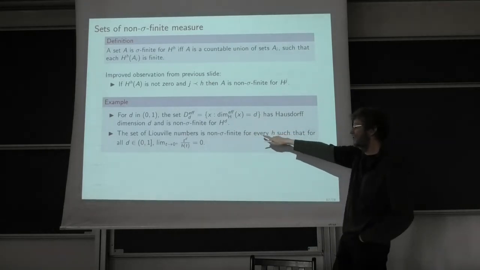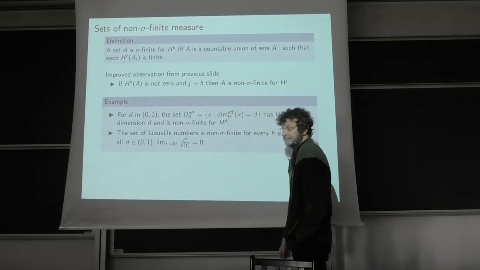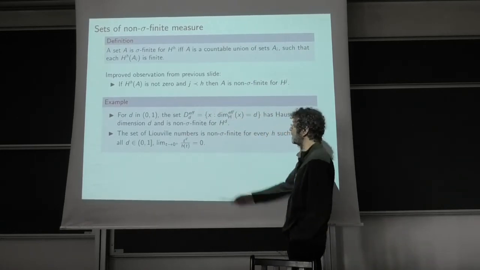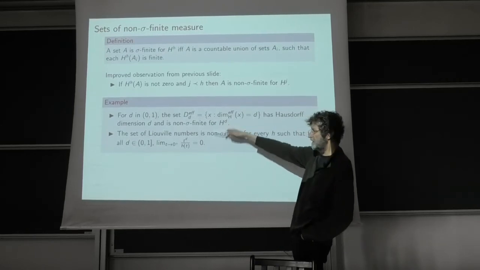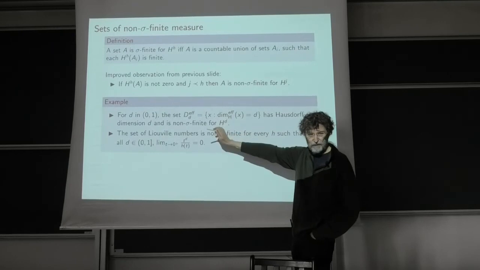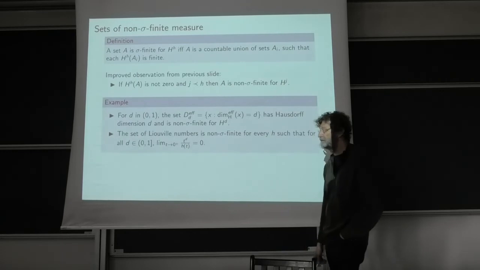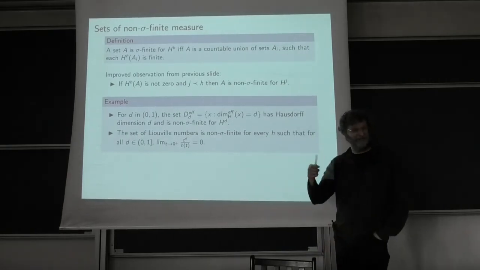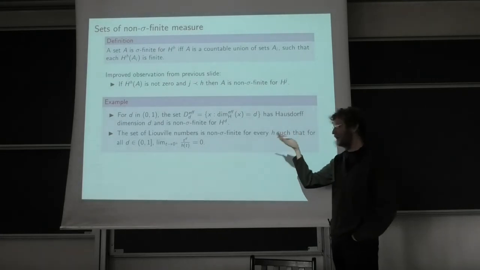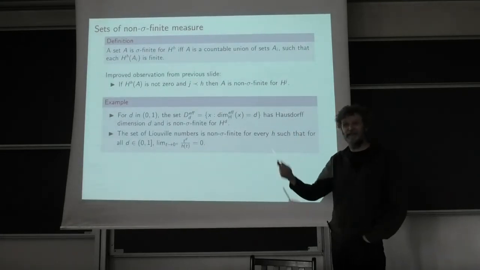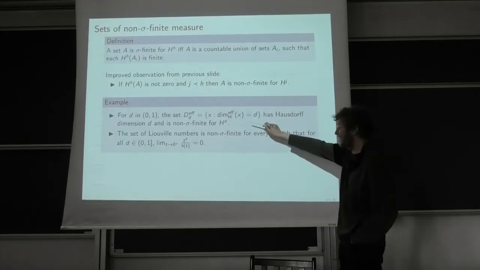The first example: for a number x between 0 and 1, look at the set of x such that the effective dimension of x is d. So we know what that means, right? It means that it can be compressed down to that scale. For everything that's bigger than d, you can infinitely often compress its initial segments by that factor.